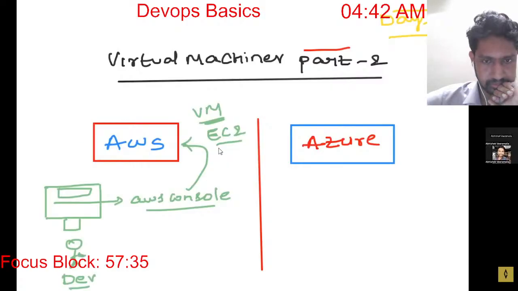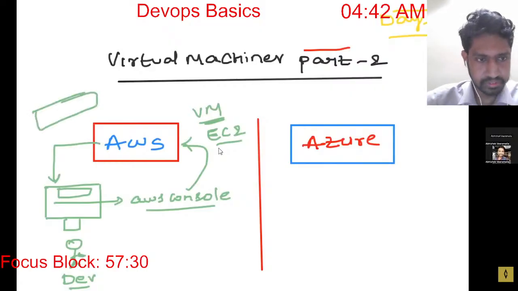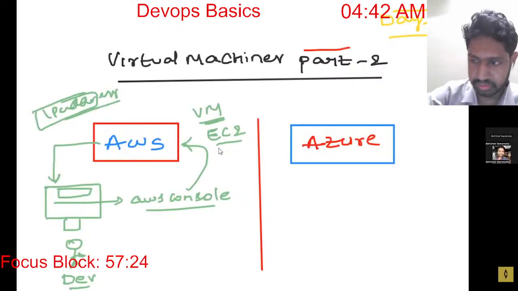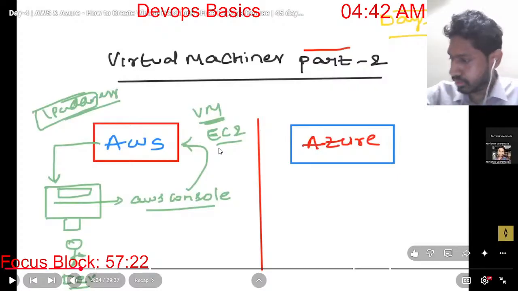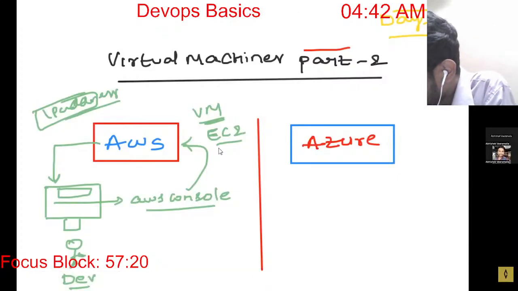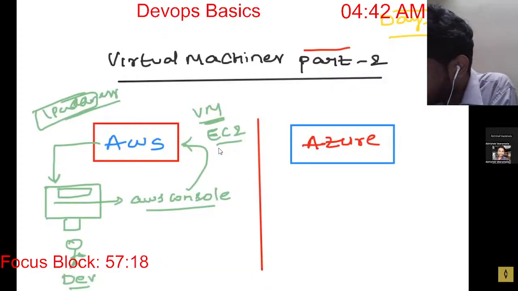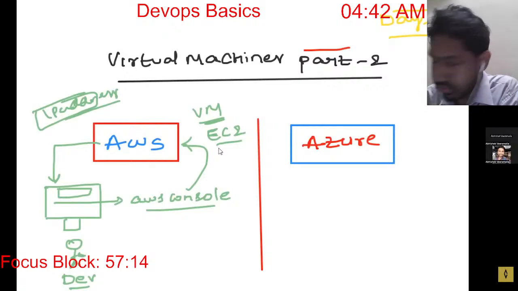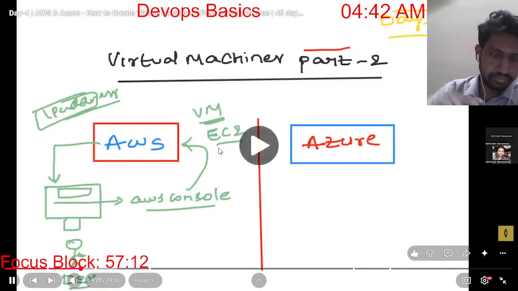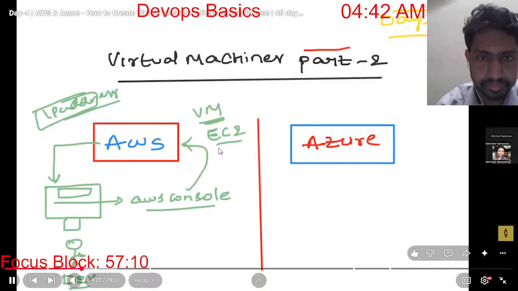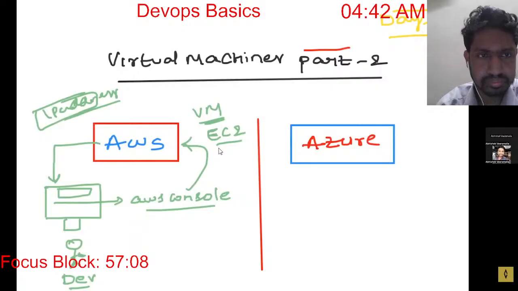AWS in response would send back an IP address and all the specifications related to the virtual machine that you have requested. This is the overall thing that happens if you're trying to create a virtual machine from the UI.